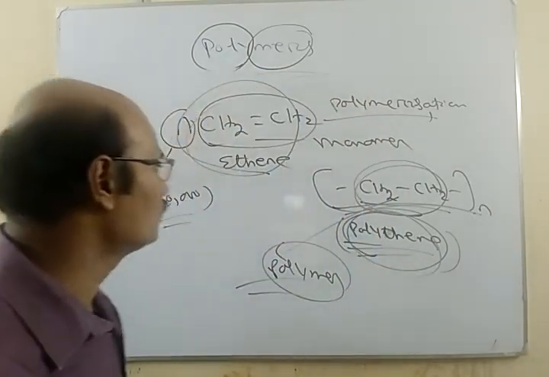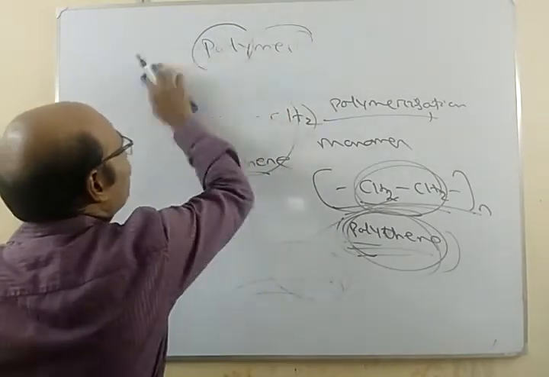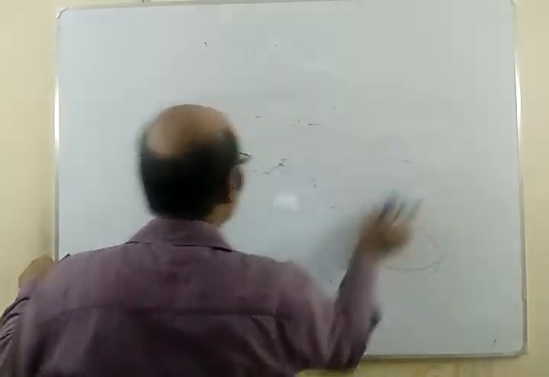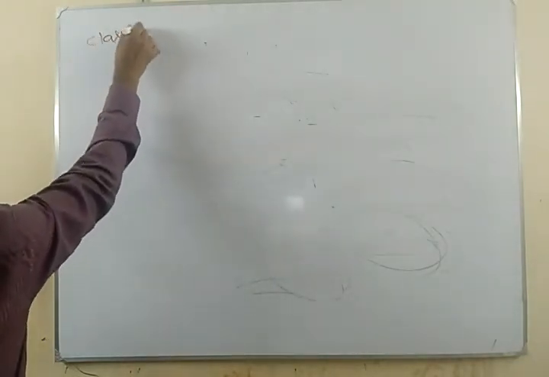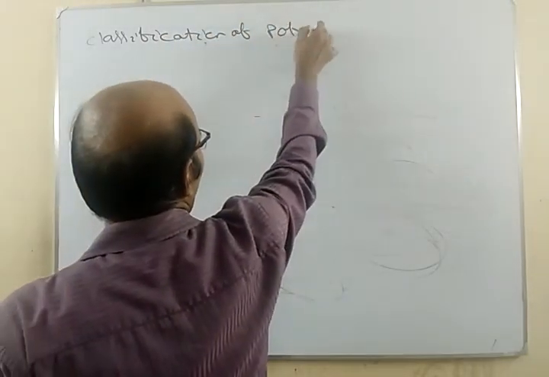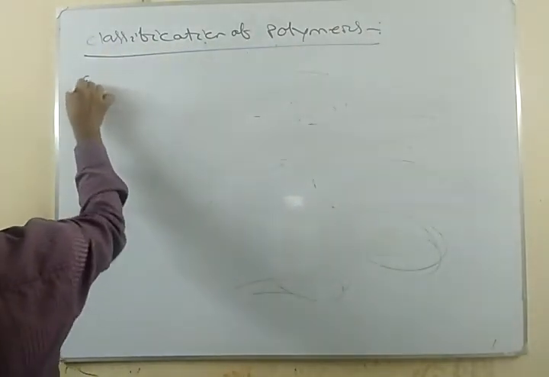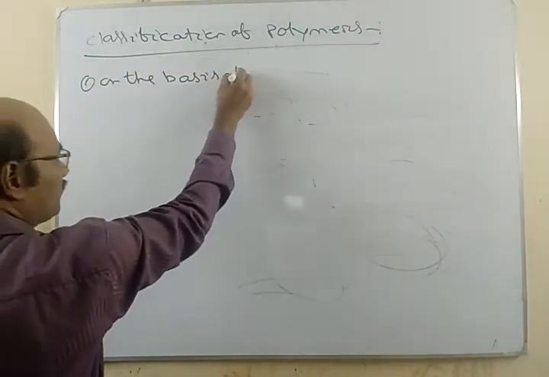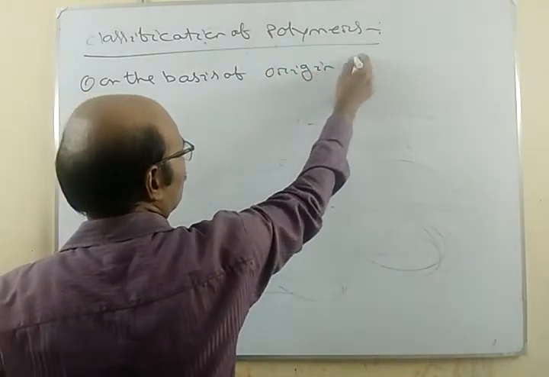Now we will go into how to classify these polymers. Polymers are classified on different heads. Classification of polymers: number one, on the basis of origin of source.